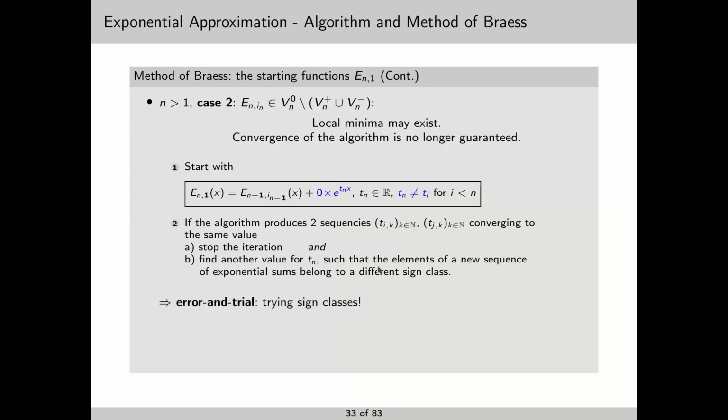So in this situation, calculation of best approximation is an error and trial process. The theorems about sign classes, especially the construction and number of sign classes with better approximations, may prove helpful hereby.